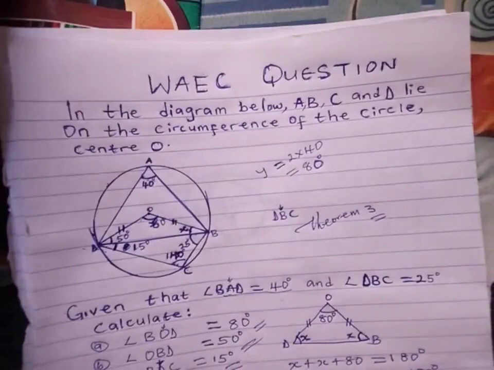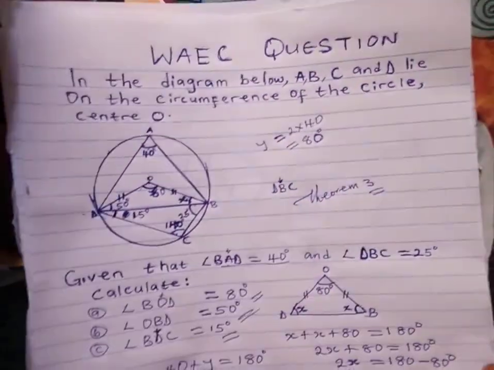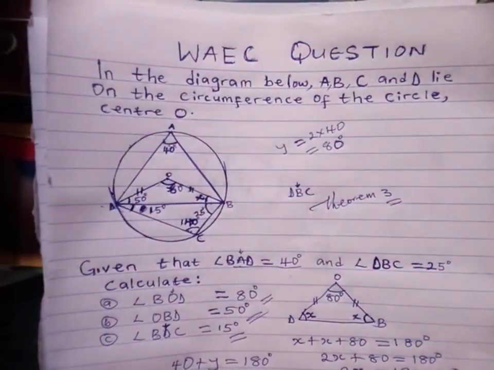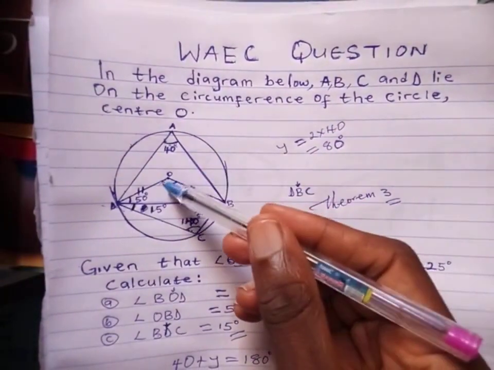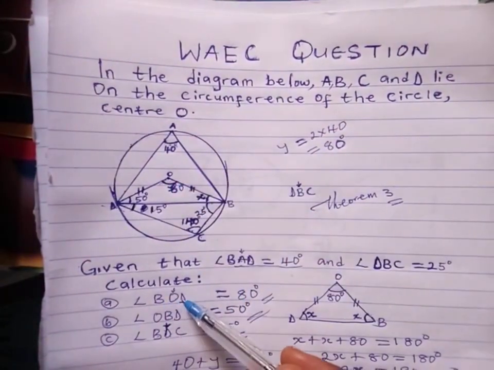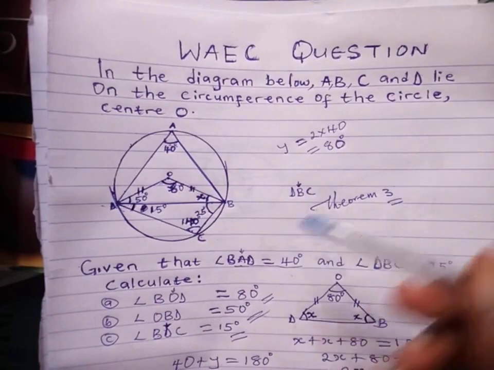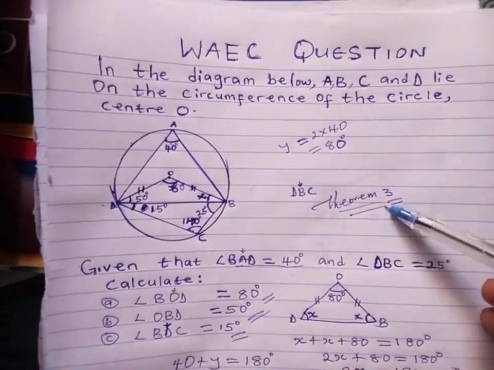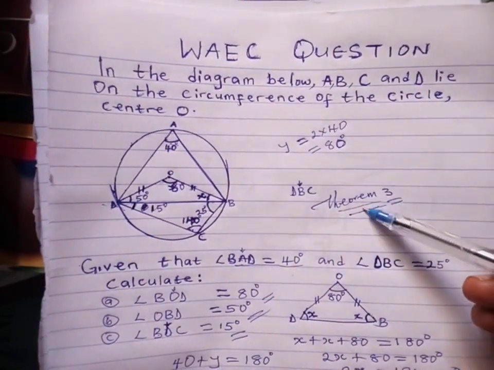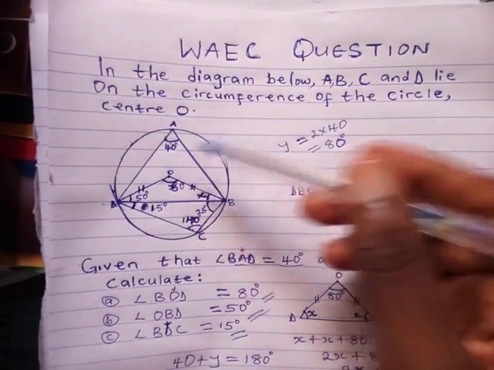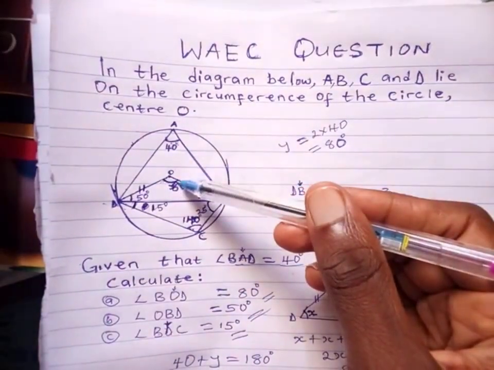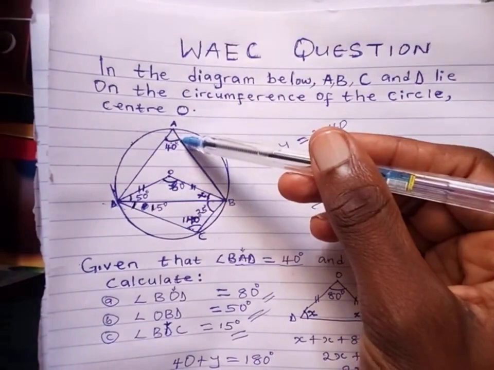So we've been able to attempt this very WAEC question. Remember, the first question is that we should find the angle at this very point, angle BOD, and we were able to invoke theorem 3, which states that the angle at the center is 2 times the angle at the circumference.